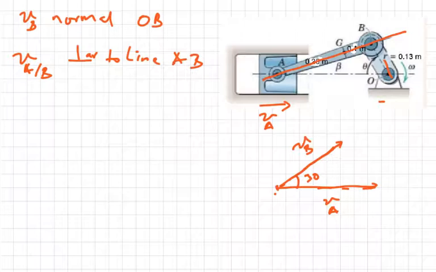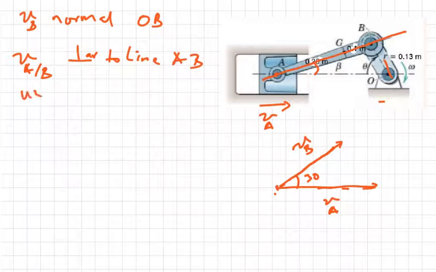And so we can find our beta here by using the sine rule. We know that from here point A to B will be 0.25 plus 0.1, that is 0.35.